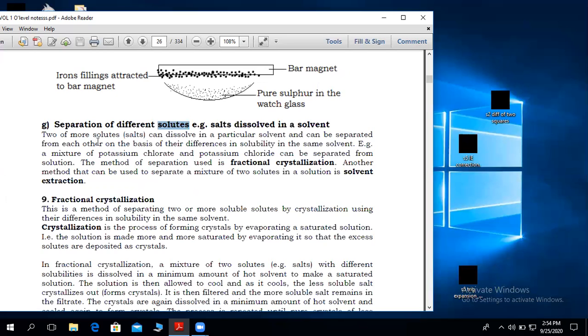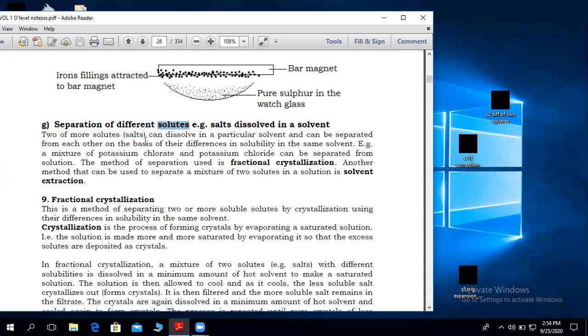So we are saying two or more solutes can dissolve in a particular solvent, and by solvent we mean a substance that dissolves the solutes. For example, if I get 1 spoon of sugar and put it in a cup of water, water is a solvent and sugar is a solute.